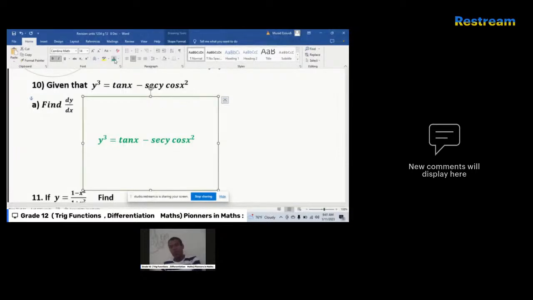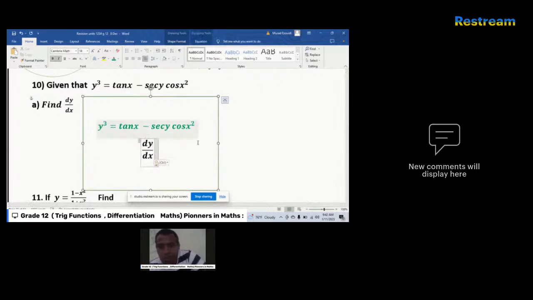So the question is y cubed equals tangent x, sec y, cosine x squared. Now learners, we will try to solve this one. Therefore I will write dy with respect to x, which is y dash.